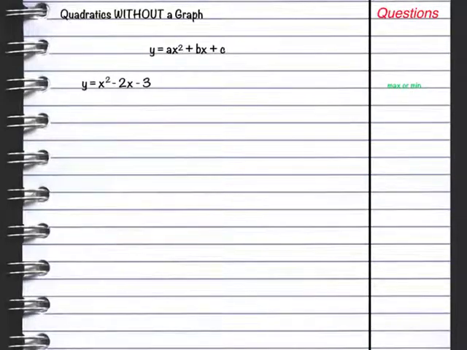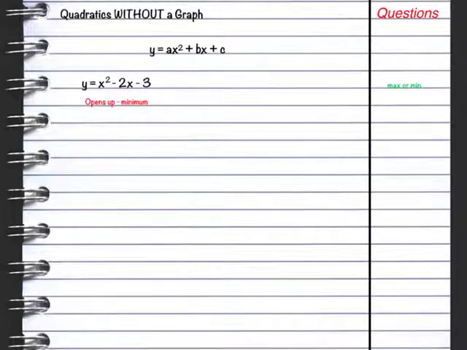And once again, we look at our a value to be able to tell that. If a is negative, it's going to open down, which will give me a maximum point on the parabola. If the a value is positive, it's going to open up, which gives me that minimum point on the parabola. And since our a value is positive here, we know that this is going to open up and that it's a minimum.